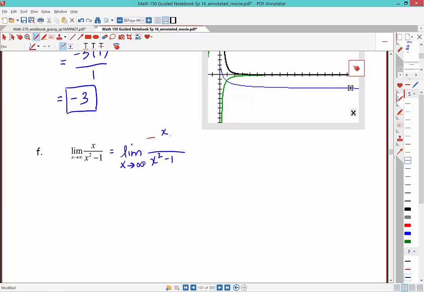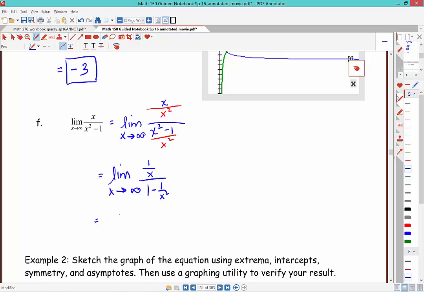If we divide through by x squared, we will get the limit as x approaches infinity of 1 over x over 1 minus 1 over x squared, which is going to give us 0 over 1 minus 0, which is 0.